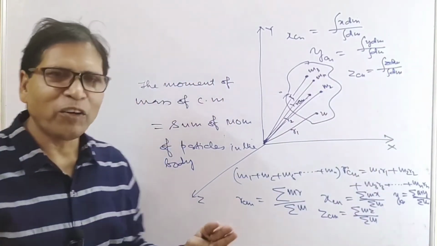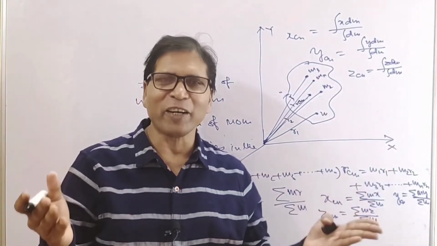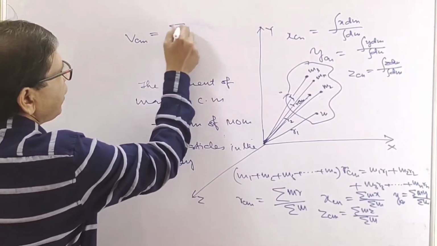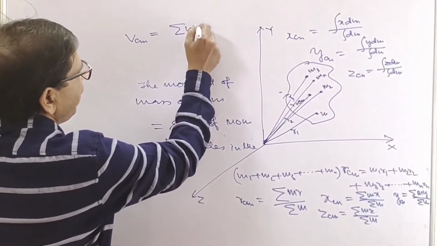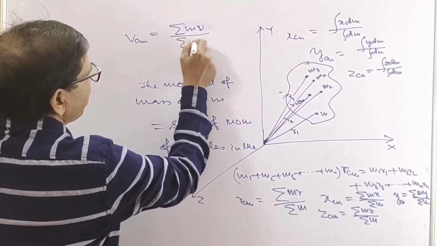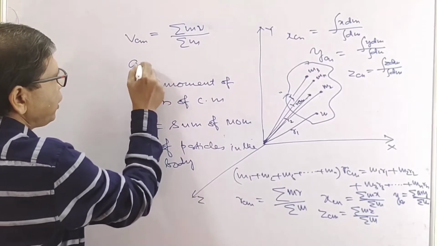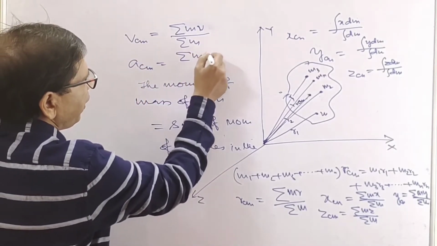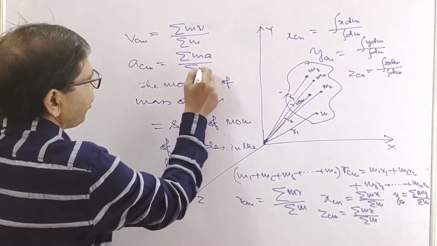Understood? Now motion of center of mass. Velocity of center of mass is sigma mv divided by sigma m. In the same way, acceleration of center of mass is sigma ma by sigma m.